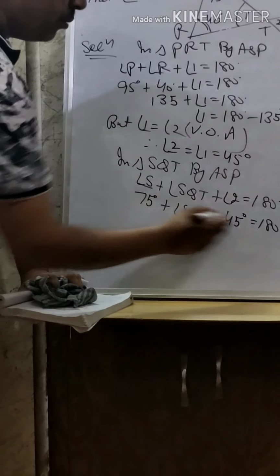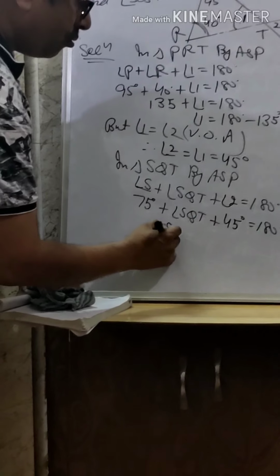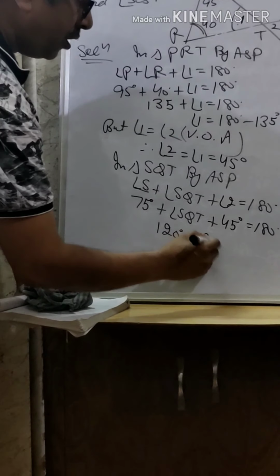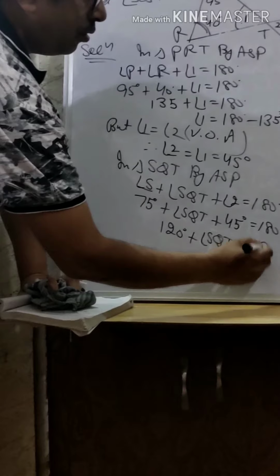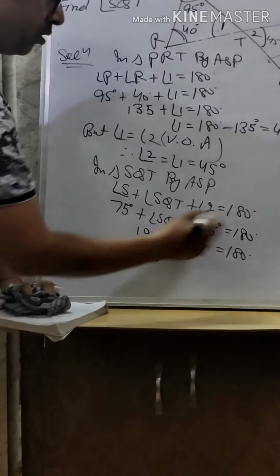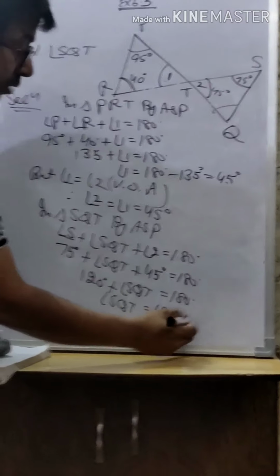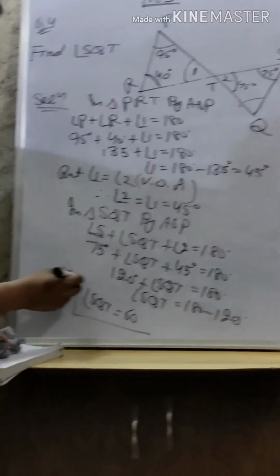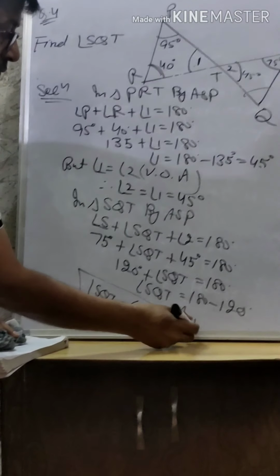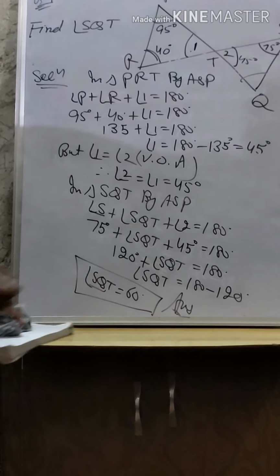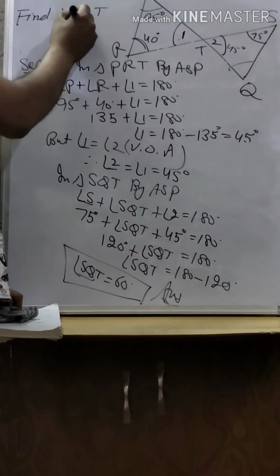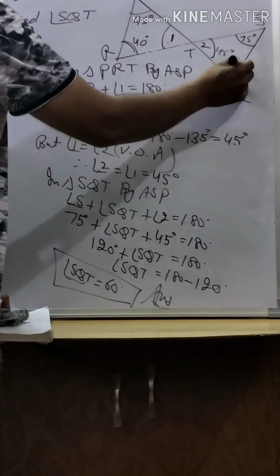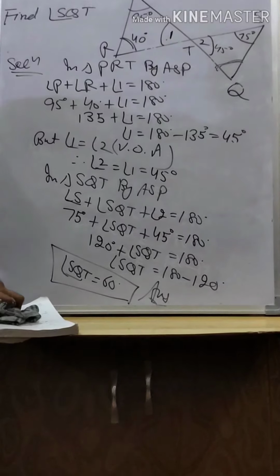So 75 plus 45 is 120 degrees. Plus SQT is 180 degrees. You shift 120 to that side. So SQT is equal to 180 minus 120, so you will get SQT equal to 60 degrees. So this is the answer. You are asked to find angle SQT, so angle SQT is equal to 60 degrees.